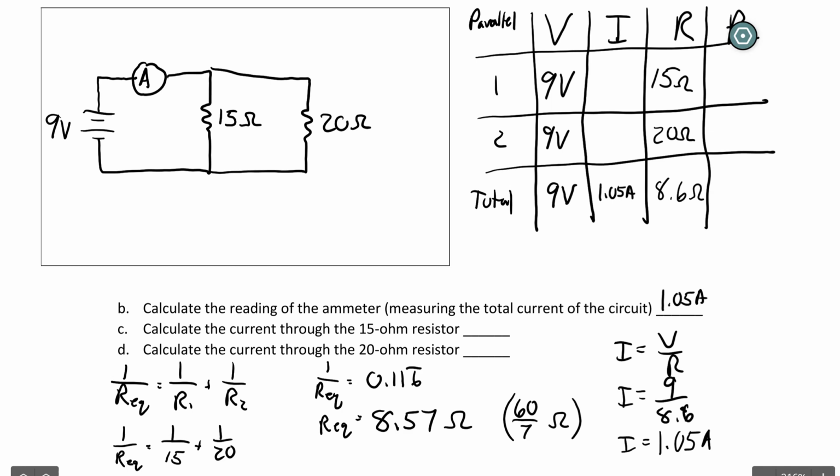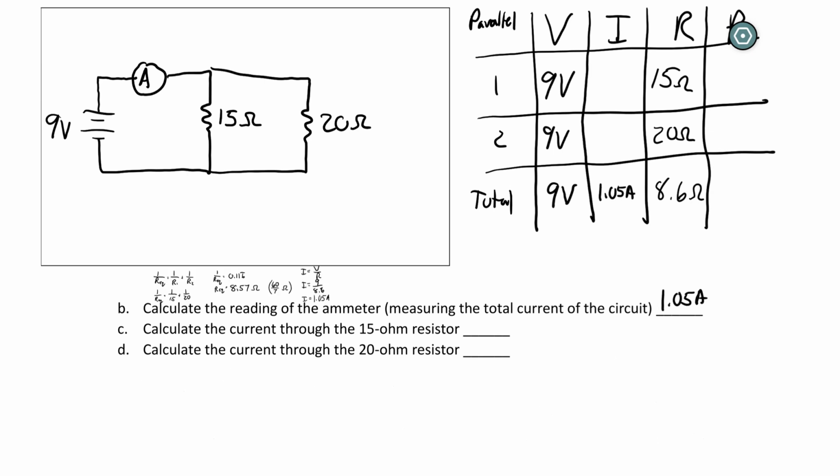Now it says calculate the current through the 15 ohm resistor and the 20 ohm resistor. That's going to be less work because we already know the resistances of those. So it's not going to be 2 steps at least. So for the 15 ohm resistor, you take a look at your row, and thank goodness we have 2 pieces of information there. So we could just do I1 is equal to V over R1. The V is the same everywhere.